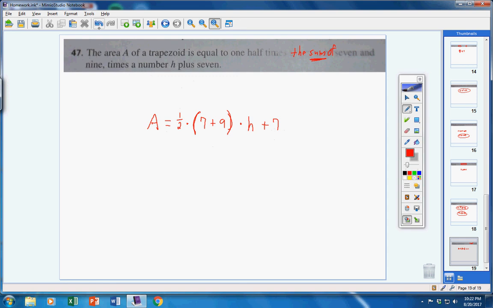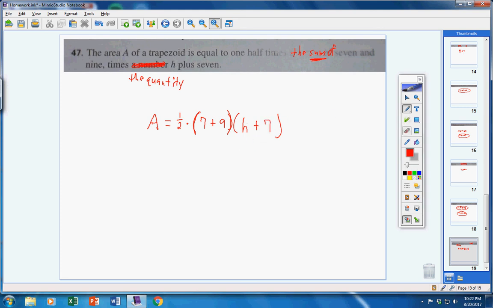How they should have written this was times the quantity. If they want you to put a parentheses, which the back of the book does have a parentheses here, then they have to put this, times the quantity h plus 7, and there we go.